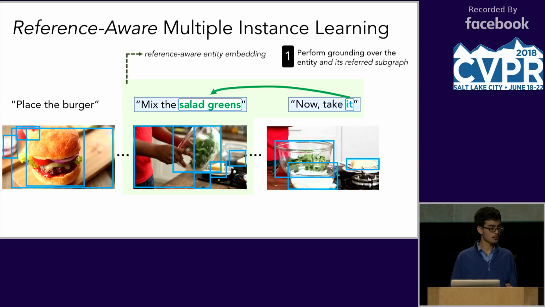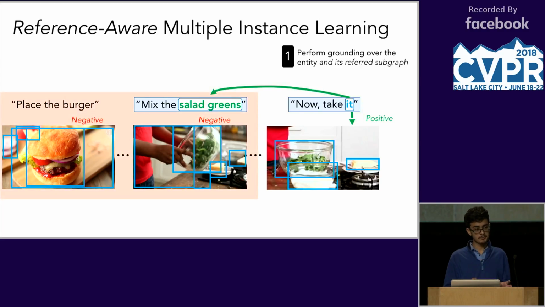And this is really important because the reference-aware entity embedding, which is sort of defined recursively, means that it is unique for a given instance of the object at a particular time step. And this allows us to make a conditional independence assumption. So now, grounding it to its contextual bag would be considered a negative, and distinct from grounding it to its own bag, which would be considered positive.